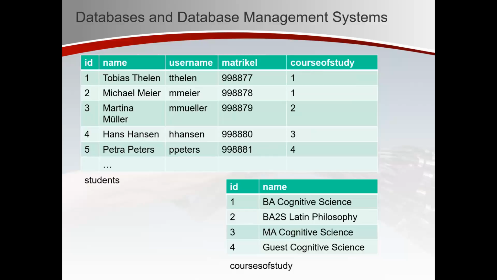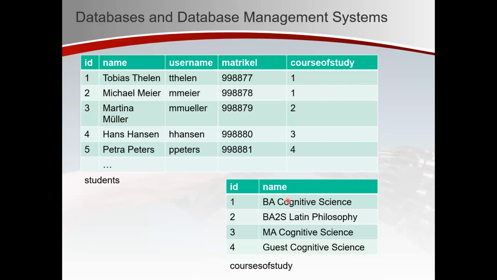And in this second table, we have all the different values of course of study with an ID. So the Bachelor in Cognitive Science has the ID 1, the Master in Cognitive Science has the ID 3, and so on and so on. And now in the original students table, we only include the IDs of the courses of study.